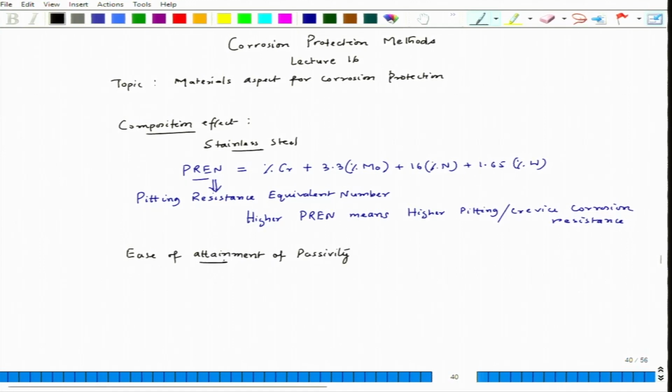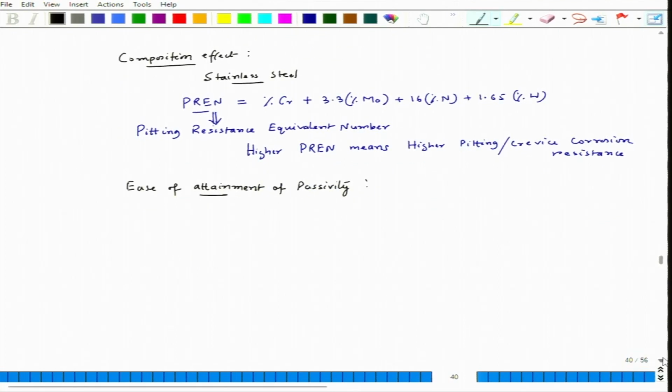In case of a passivating metal, of course environment also comes into the picture. If the alloying is done in such a fashion that the material goes from active state to passive state quickly, then we will definitely have a very good corrosion resistance, because once passivity is achieved, we have corrosion in the passive zone, which is a very low corrosion current density.